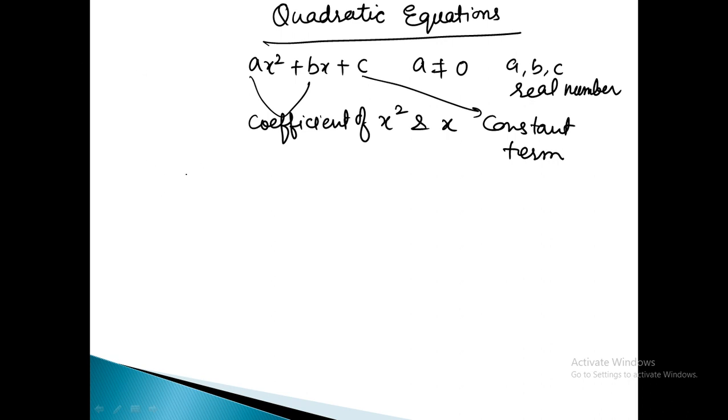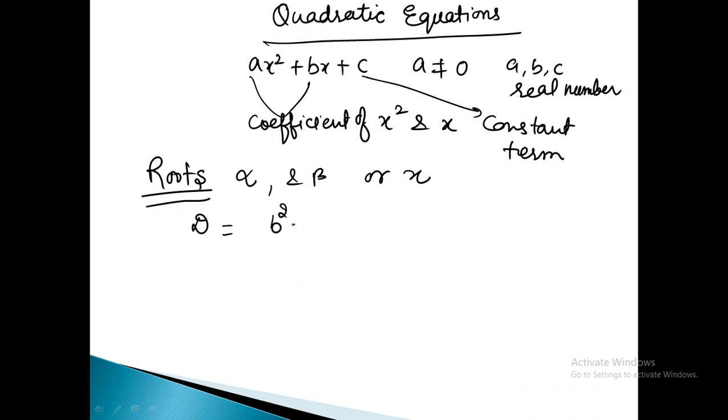Now, how to find the roots? Roots can be represented by alpha and beta, or by x. For finding roots, first of all, we have to find the discriminant, which is represented by D. The formula for calculating the discriminant is b square minus 4ac.